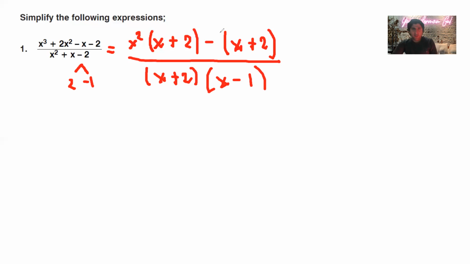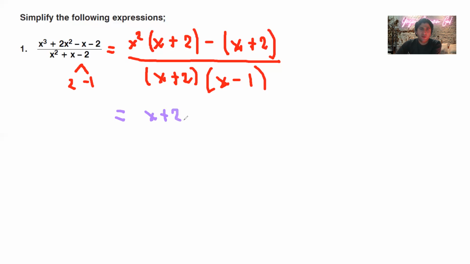So now the second step for this will be this. I'm going to continue with this and write it here. I'll say this equals, and the top part, if I look here, guys, what is common for this and this? It is x plus 2, right?